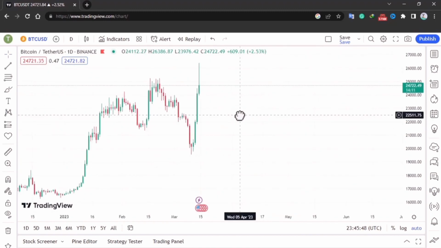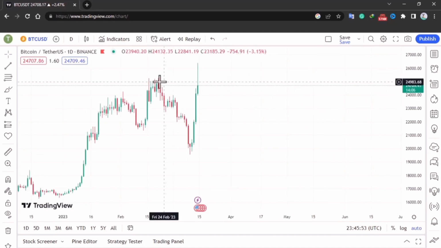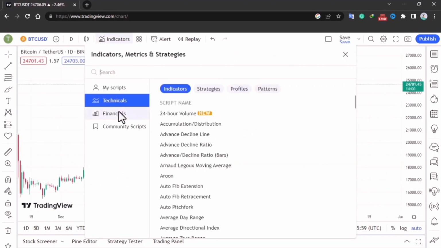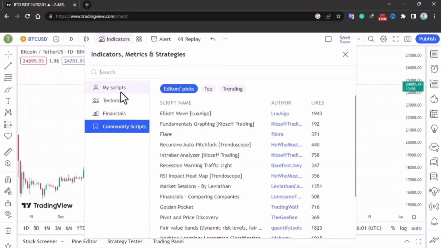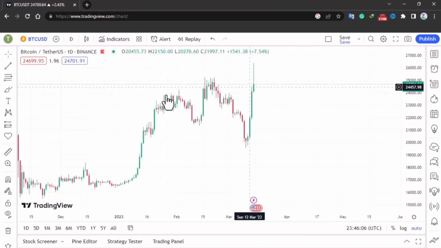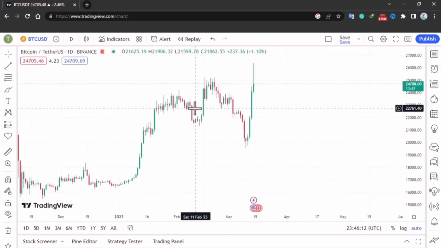But I don't want to tell you more about indicators, just to inform you that these are the algorithms, the programs, which are going to help us a lot to fly our airplane during this turbulent air of trading. We're gonna learn a lot, how to ride a bike, how to fly an airplane. I'm here to teach you a lot. Then we have the alert section and the replay mode, and these are not really useful now for you to begin. I'm gonna get back to these later on.